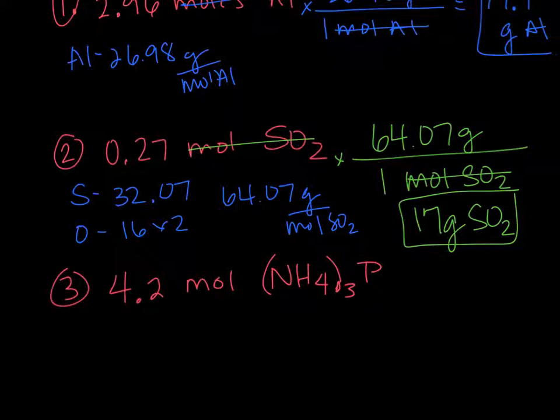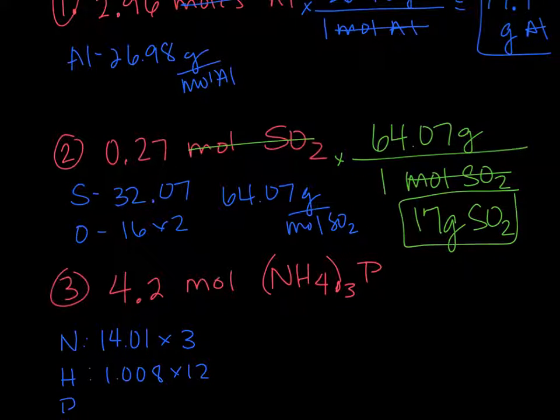All right, and so for this last one, we've got 4.2 moles of ammonium phosphide. So nitrogen has a mass of 14.01, and there's 3 of them because of the parentheses. Hydrogen, the mass is 1.008, and there's 12 of them.